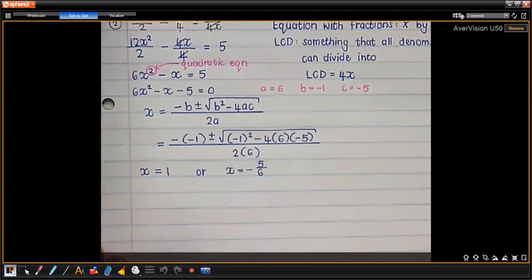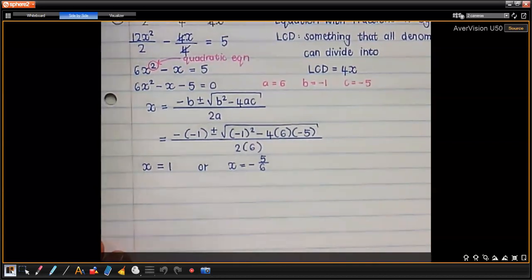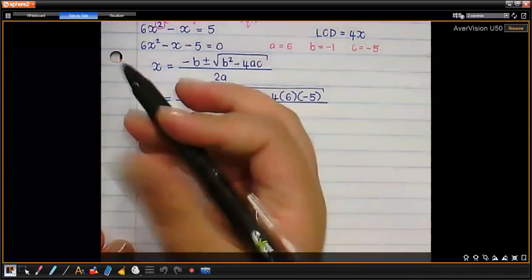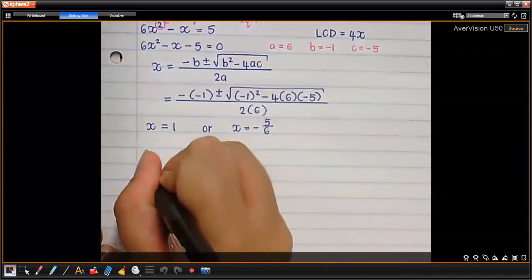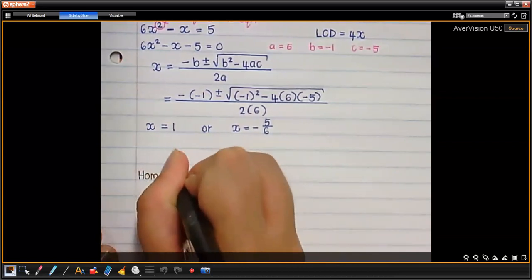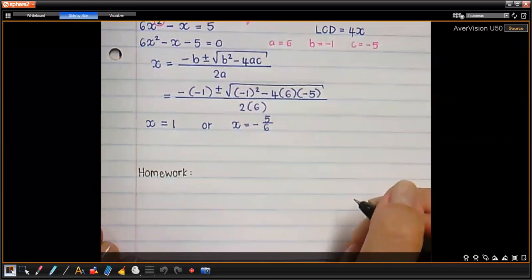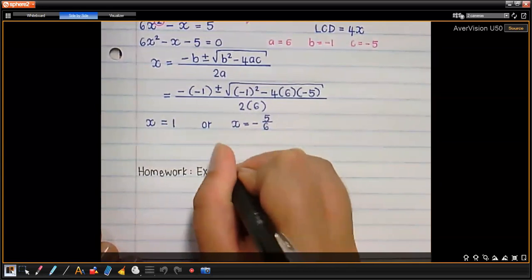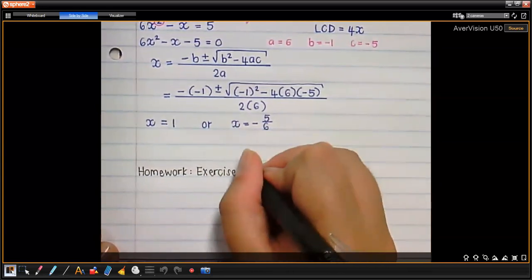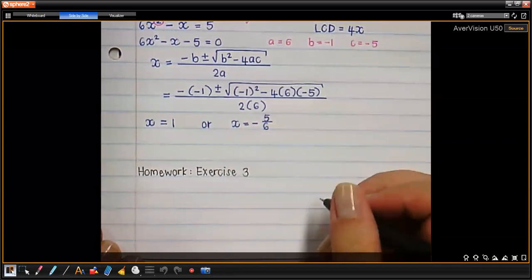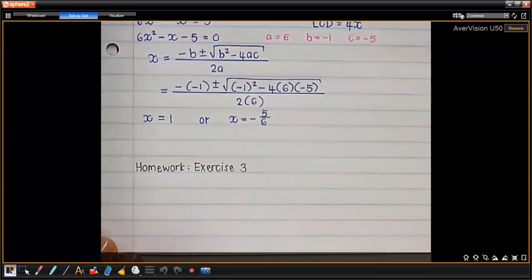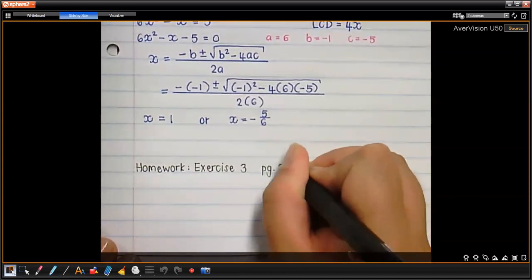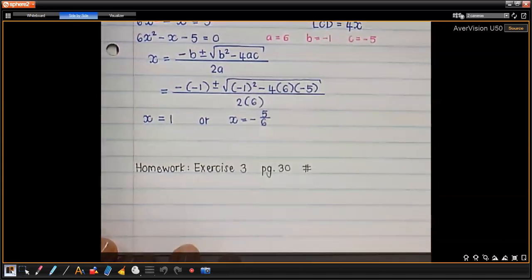Right. Your homework is from the same exercise. I'm not going to write the questions down now. You'll have to look in your books. And guys, it is quite a good idea maybe to start the class group chat so that one person can take a picture of the answers on the board and send it on the group chat or whatever. But I will also put it on Classroom. Just on page 30, I would like you to do numbers.